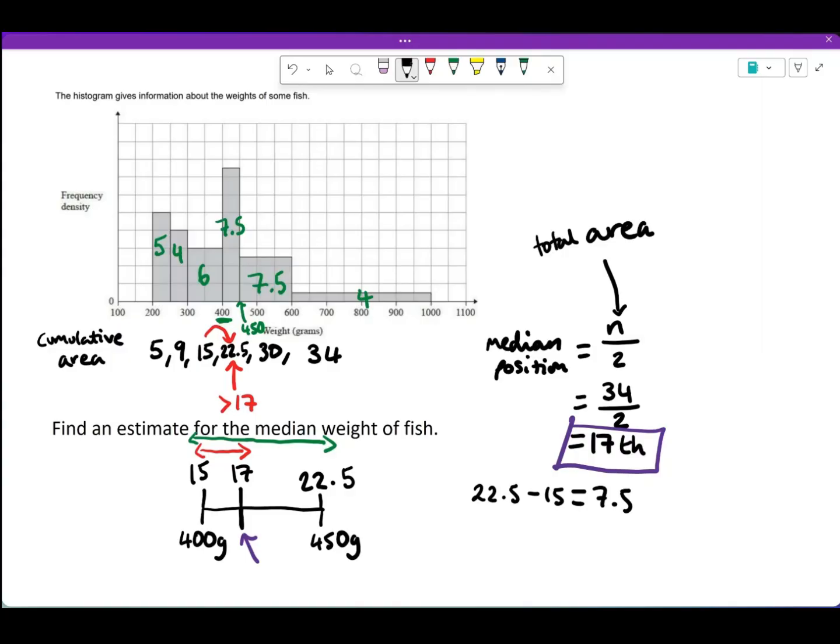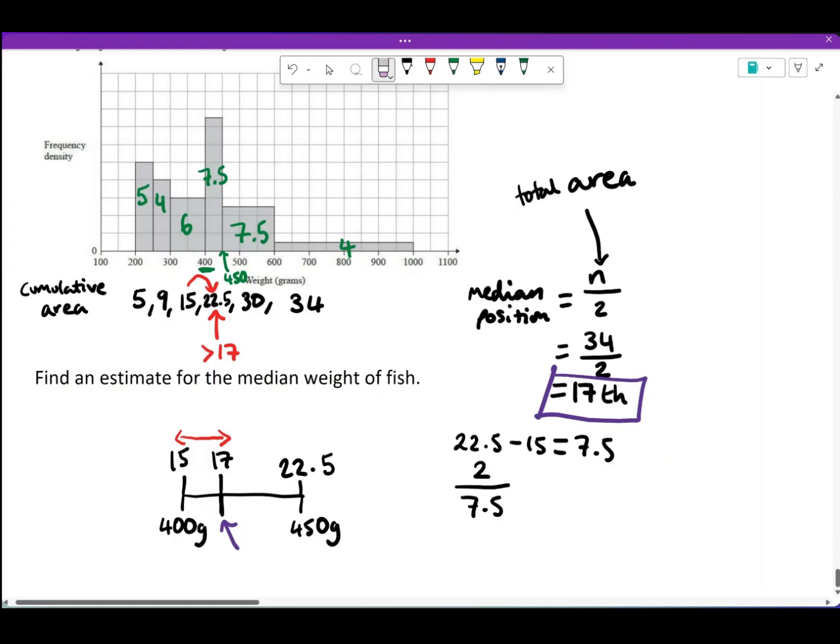And that's going to be the denominator of my fraction. Then I have to consider specifically how much of my class is between the 15 and the 17. Well, a difference between 15 and 17 is 2. So therefore, it's going to be 2 over 7.5 of the way along. So therefore, this red arrow here represents 2 over 7.5 of my entire class.